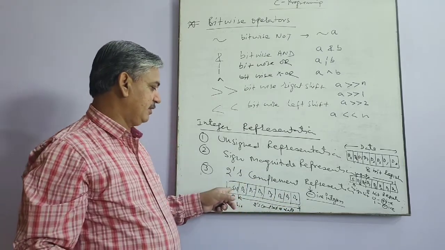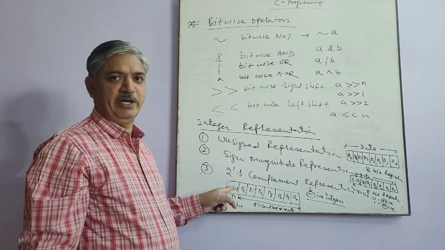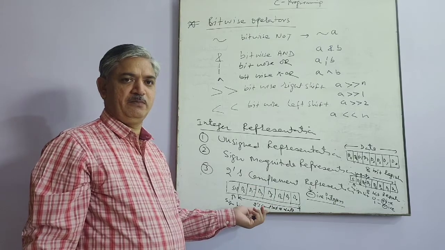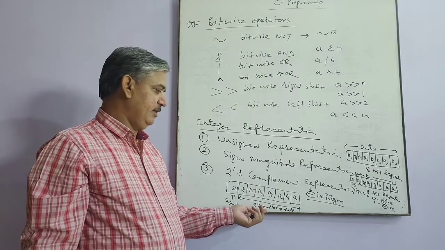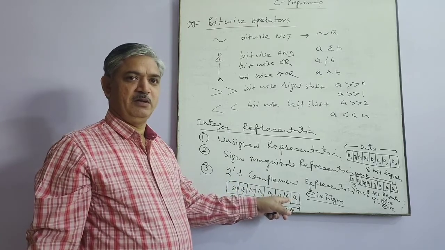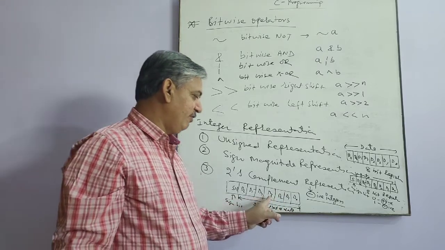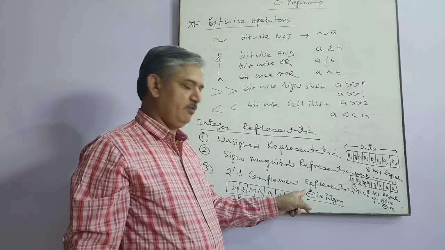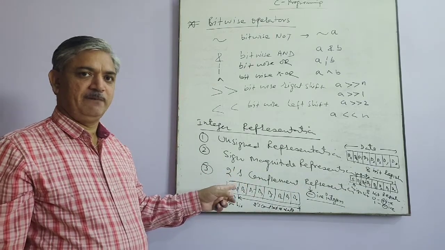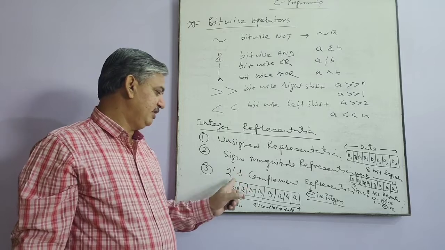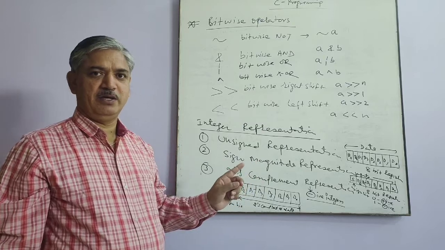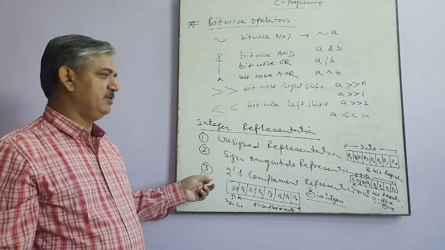Here the sign bit is 1 for negative numbers, and data is in 2s complement form. Or data is which type of data? Negative data. So for negative data, we use this 2s complement representation. In 2s complement representation of negative integers, the sign bit is 1 and the remaining bits represent data. Okay? So these are the 3 data representations.